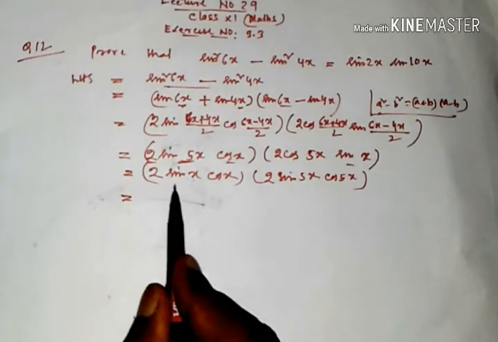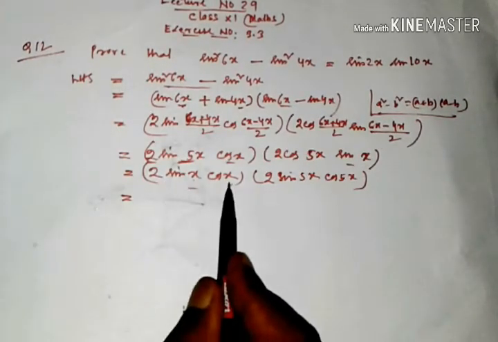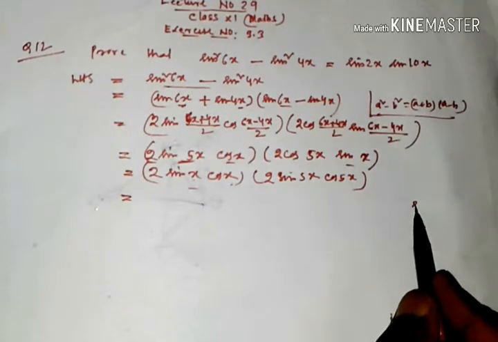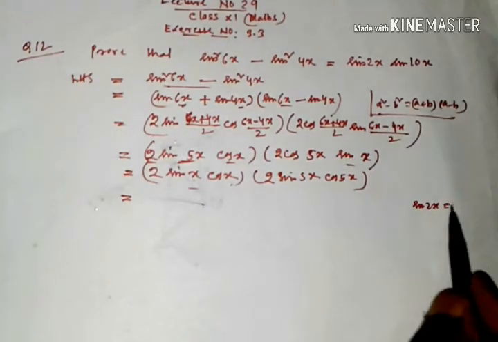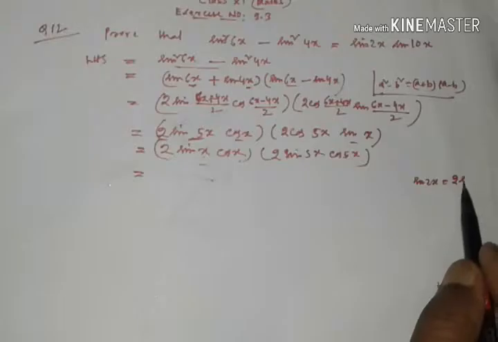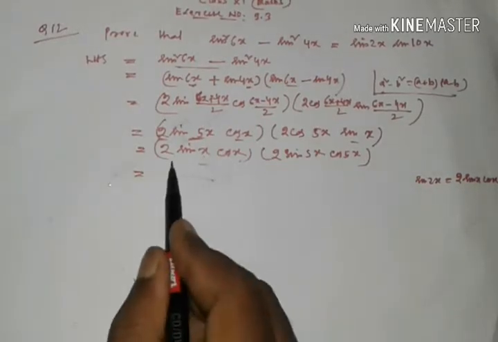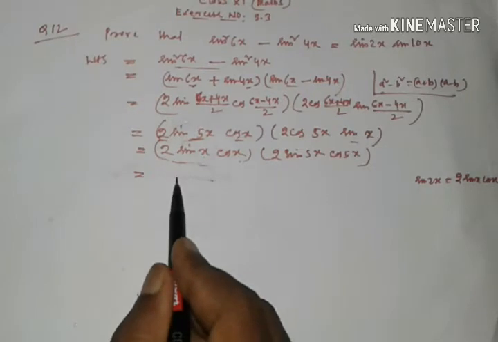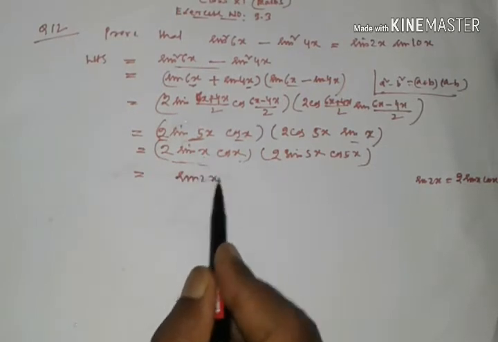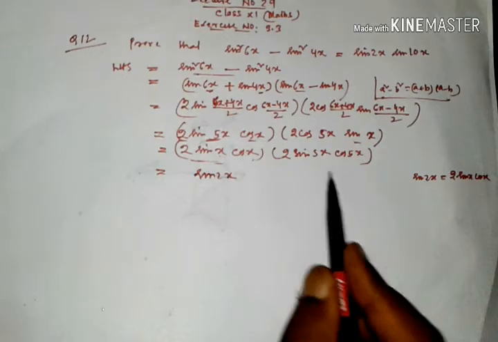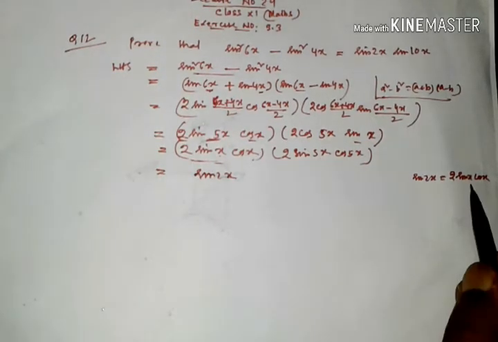Now what is this formula? We have got already that sin 2x is equal to 2 sin x cos x. Therefore we can write this as sin 2x.